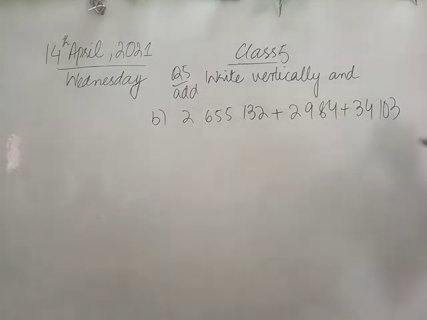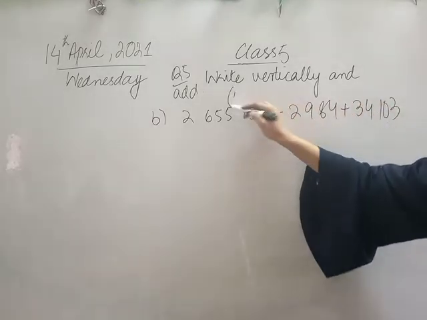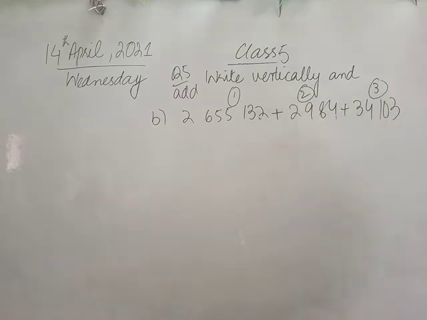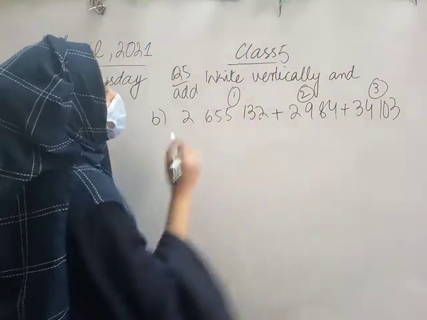Now in this question we have 3 numbers. The first is this, the second is this, and the third is this. Okay, now I am going to write first in vertical form.